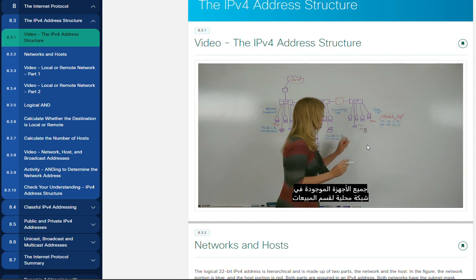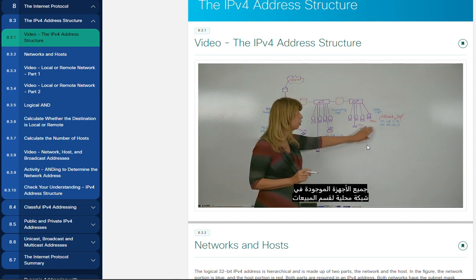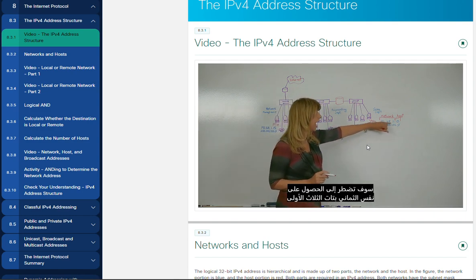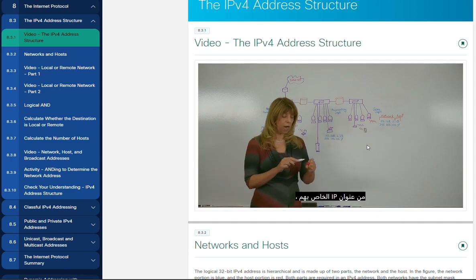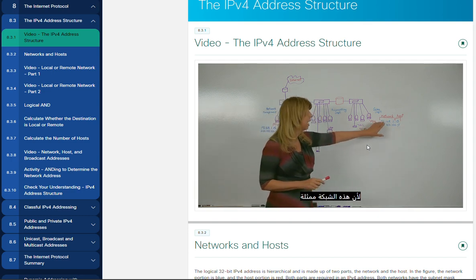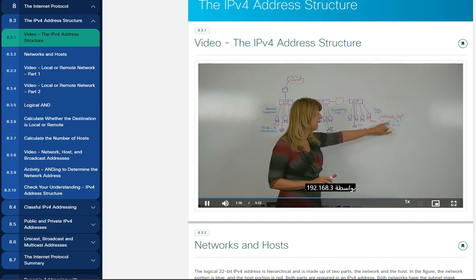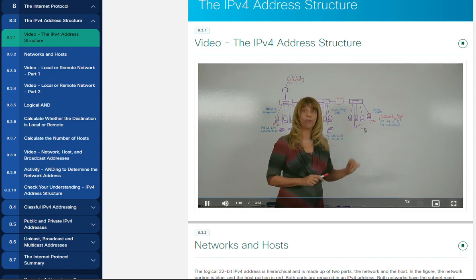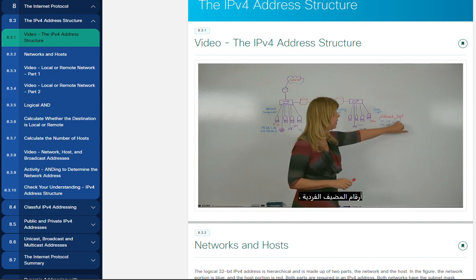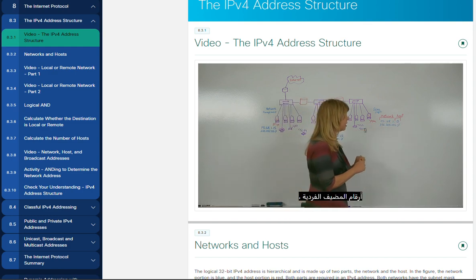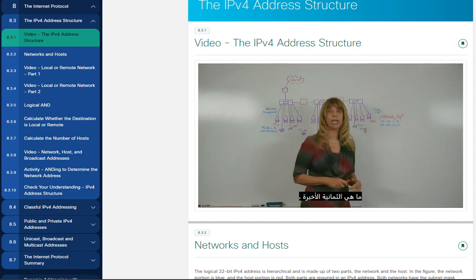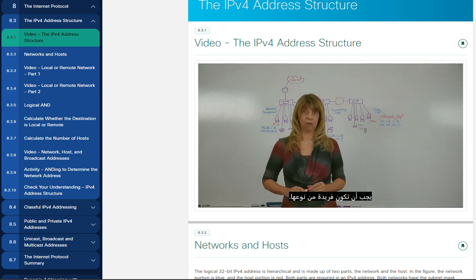All of the devices in the sales department local network will have to have the same first 3 octets of their IP address, because this network is represented by the 192.168.3. The individual host numbers, which are the last octet, will have to be unique.